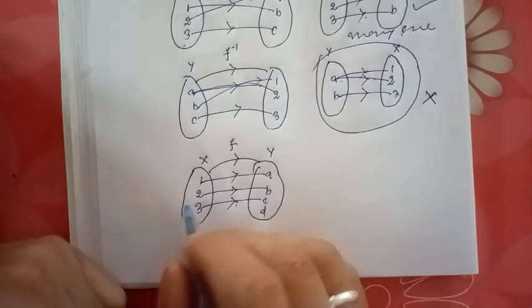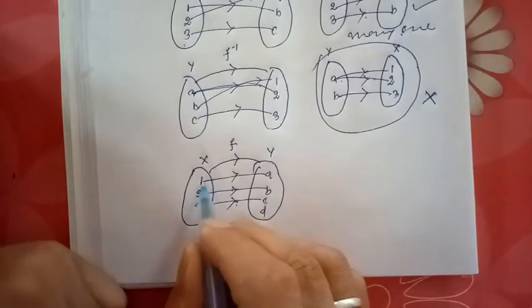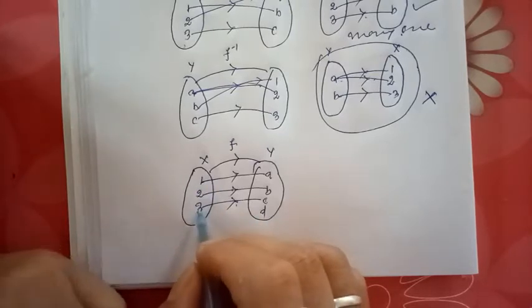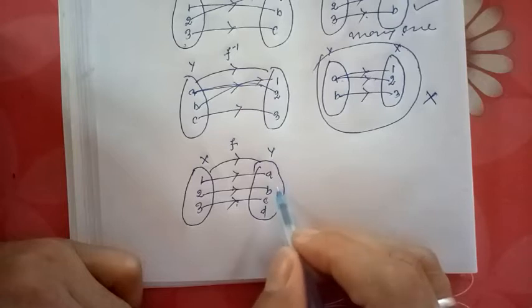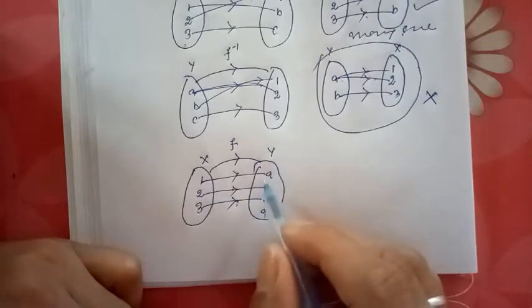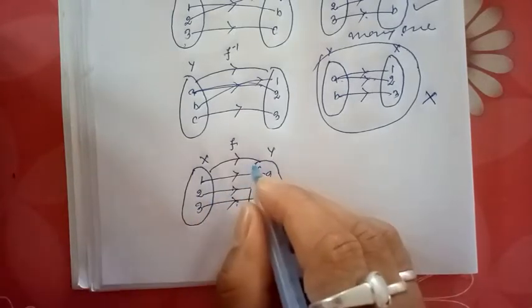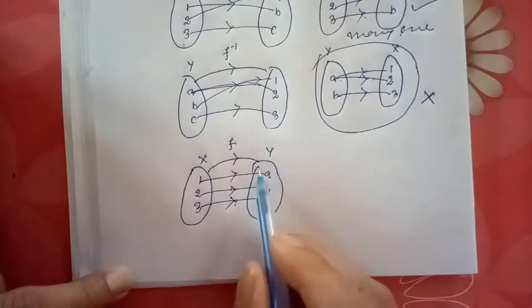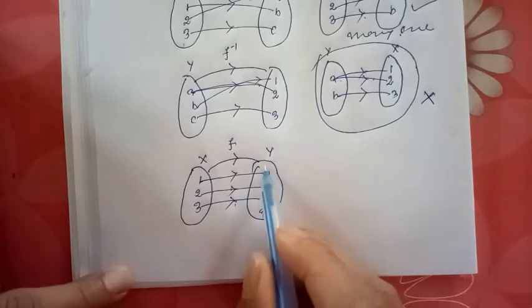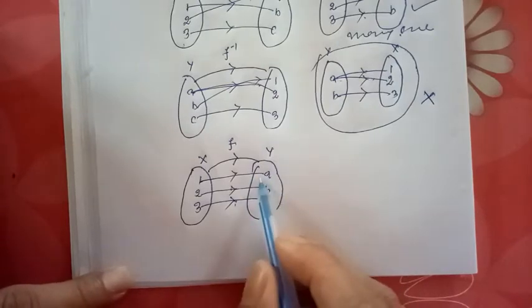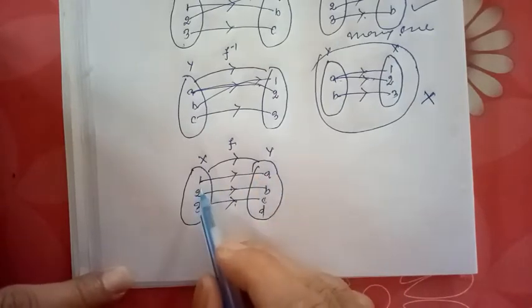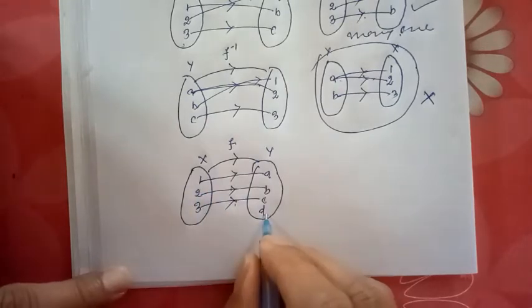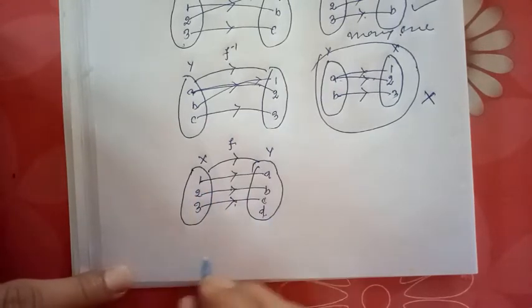One-one means every element of the domain has a distinct image in Y. So it's considered one-one. But for onto, every element of Y does not have a preimage here, this is left over. This is called an into function.